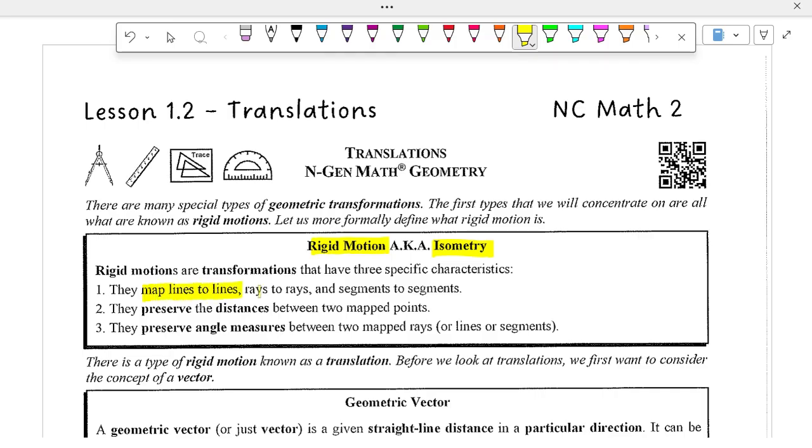They map lines to lines, rays to rays, segments to segments, meaning they're exactly the same. They preserve the distances mapped between 2 points, meaning the side lengths are the same. And they preserve the angle measures. All right, so in other words, that's a lot of fancy words just to say they make 2 congruent figures. All right, so rigid motion, you have 2 congruent figures.